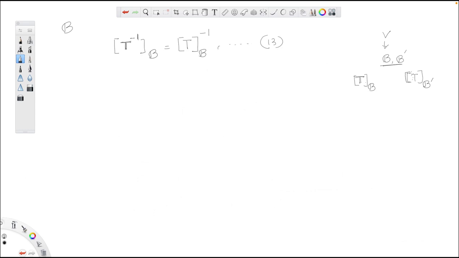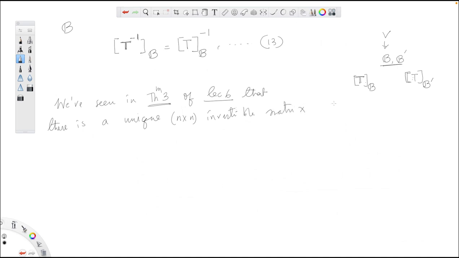We have seen in Theorem 3 of Lecture 6, I want you to go back to Theorem 3 of Lecture 6, that there is a unique n times n invertible matrix P such that the coordinate matrix of any vector u relative to the basis B is equal to P times the coordinate matrix of the same vector u relative to the ordered basis B prime.